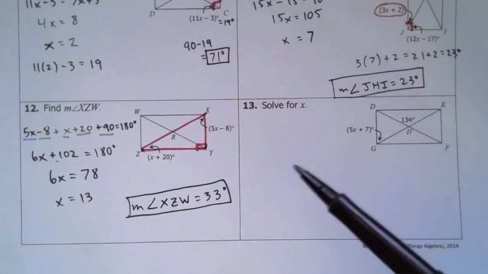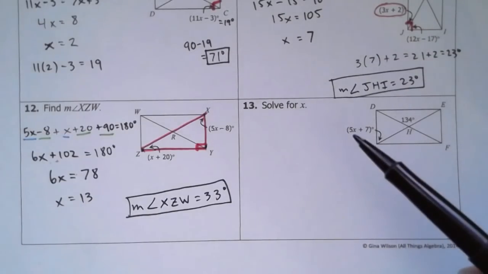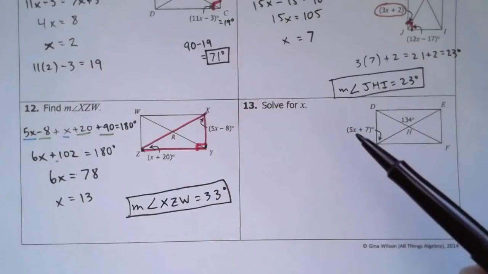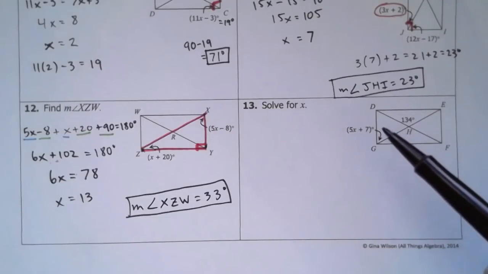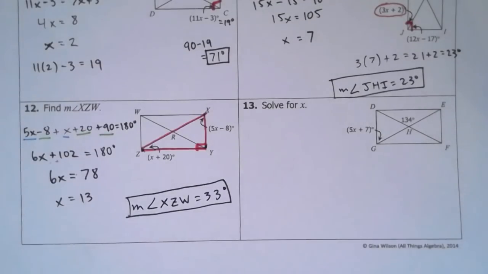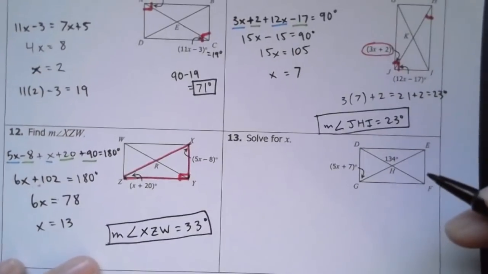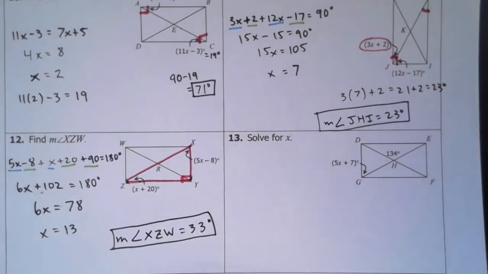Last one says solve for x. I can use properties of isosceles triangles, just based on this idea we've been seeing repeatedly in the previous examples.